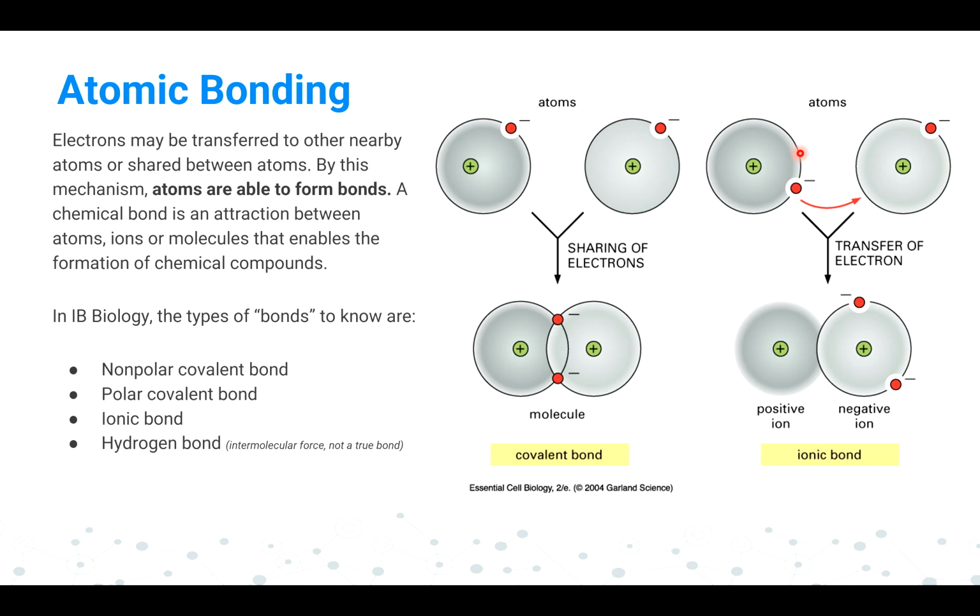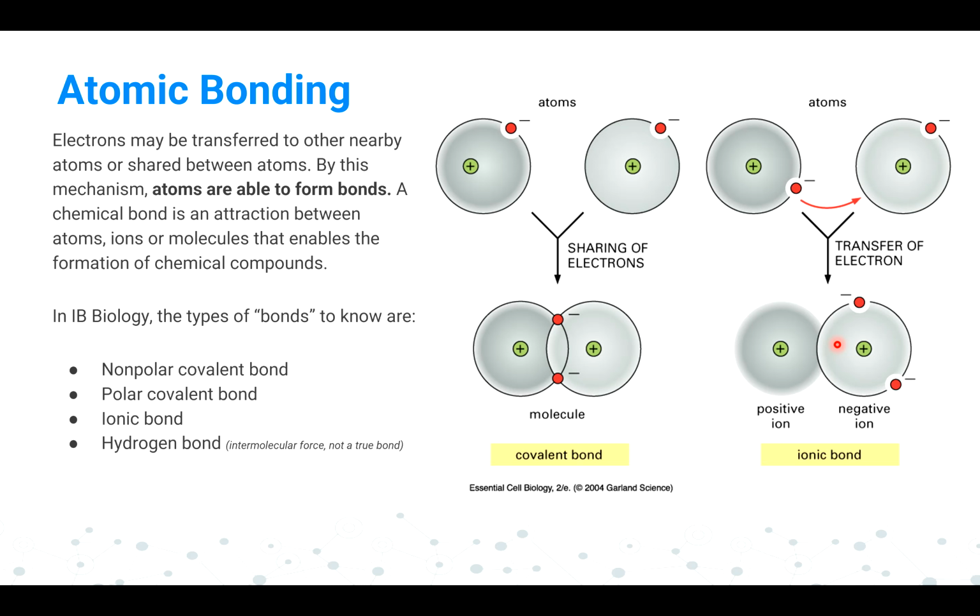When there is sharing, the bond formed is called a covalent bond, and in case of complete transfer of electrons, the bond formed is an ionic bond, right? So a chemical bond is a strong attraction between atoms, or you can say between ions, which makes the formation of a chemical compound, right?